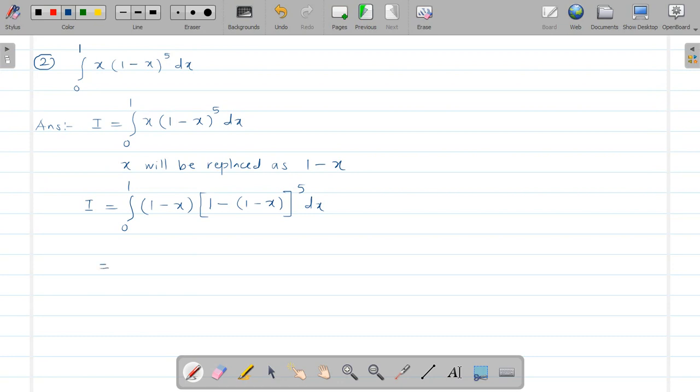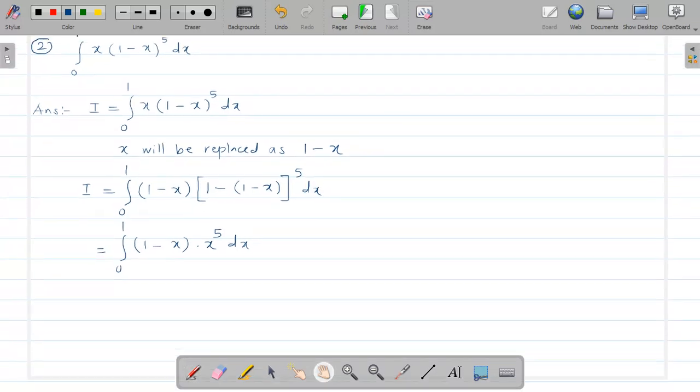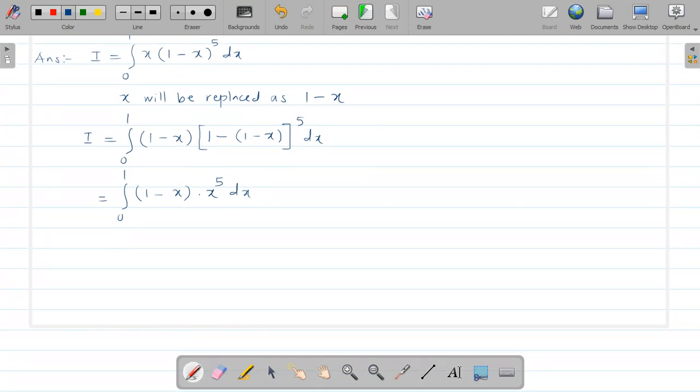Now we get the simplification as, see here, 0 to 1, here it is 1 minus x, and in this bracket 1 will get cancelled and it will be just x raised to 5 dx. So the bracket that is 1 minus x raised to 5 is simplified as x raised to 5 only. Now that's why it is very simple to evaluate the integration.